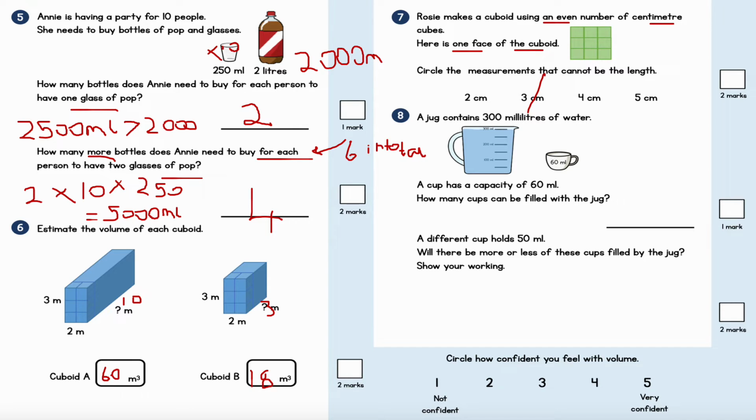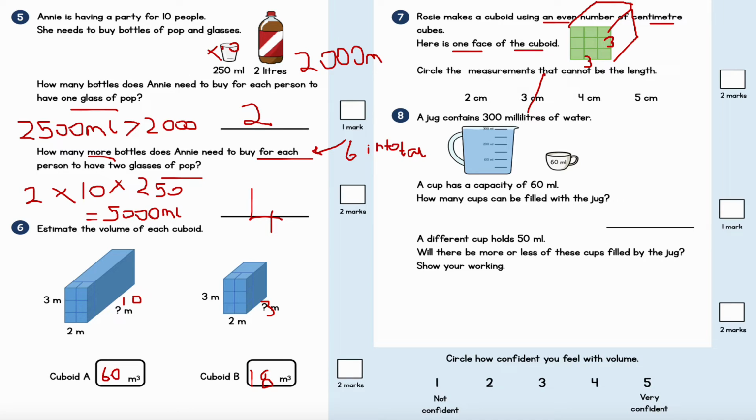A cuboid, if you imagine that that's the front part of the face, and it looks something like that, let's say. It's 3 by 3 here, so it can't be 3. Can it be any other measurements?